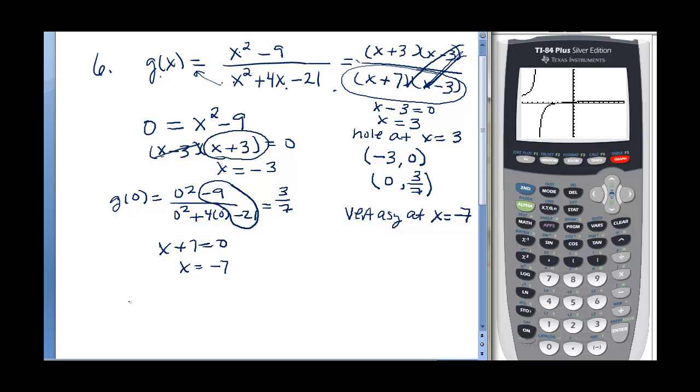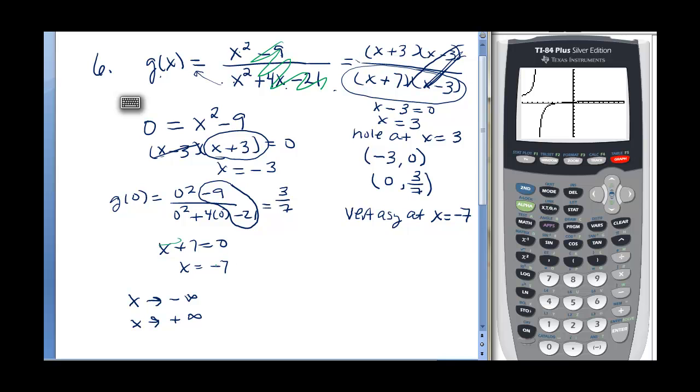Then it asks what happens when x goes to negative infinity and when x goes to positive infinity. The lower-order terms are negligible when x is really, really big or really, really small. So I basically have just x squared divided by x squared, which is equal to 1.